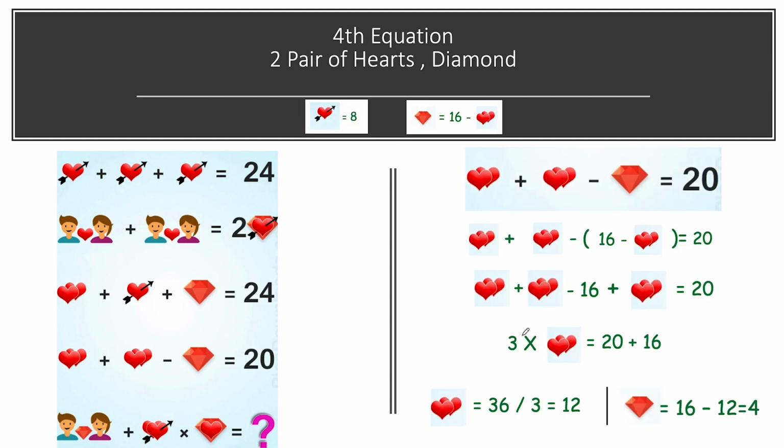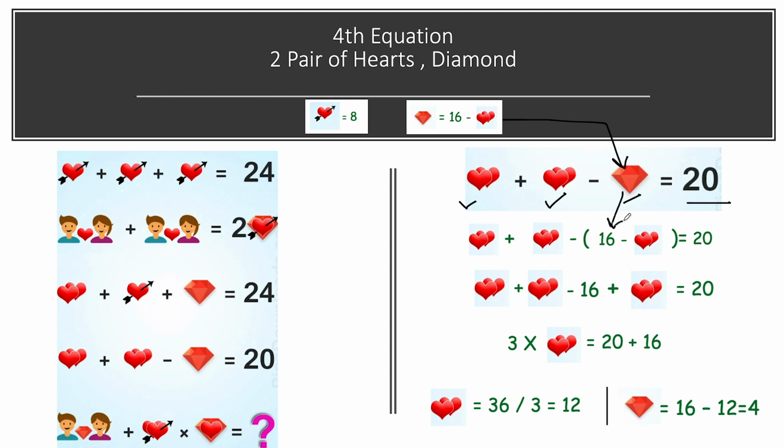Now jump to the fourth equation. In the fourth equation, you can see two pairs of hearts, one here, and their subtraction is with diamond and their total value is equal to 20. And from the last equation, we know diamond value is equal to 16 minus 2 hearts.